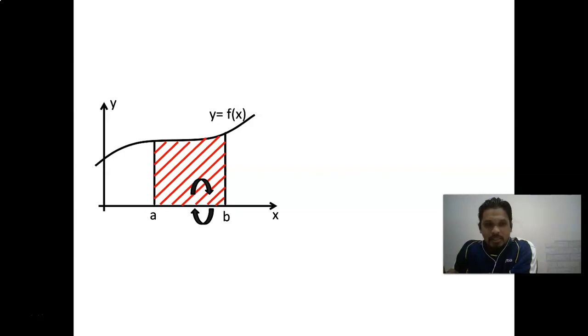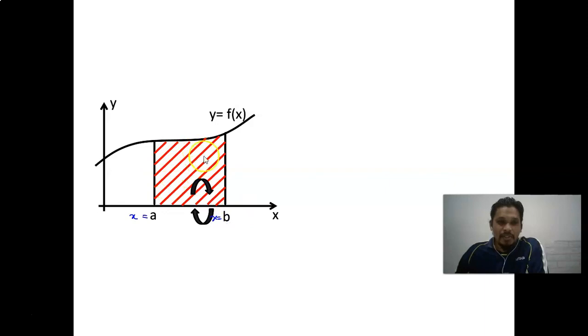Just imagine this is the graph of the area between the curve y equal to f(x), the x-axis, and x equal to a until x equal to b.